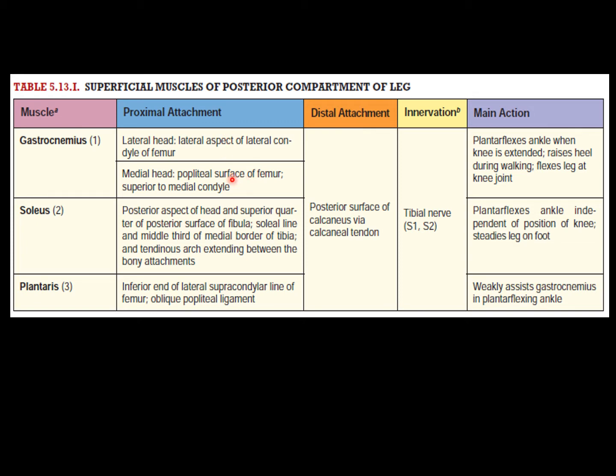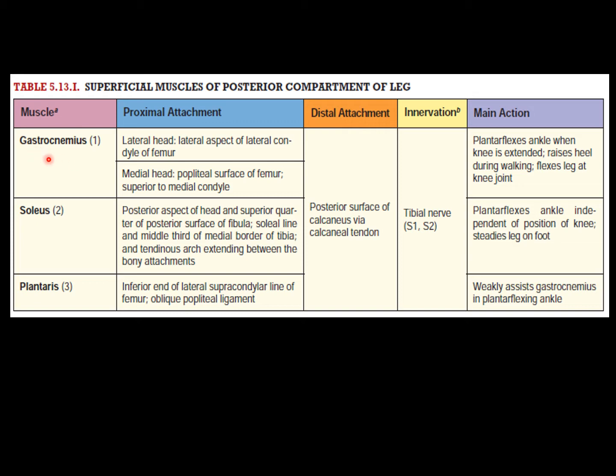From the condylar areas, laterally and medially, the two heads come forward, and at the upper one third both heads unite together and form a good bulky muscle, which is known as gastrocnemius. The shape of the heads as they descend is fusiform. That's why it is named gastrocnemius.